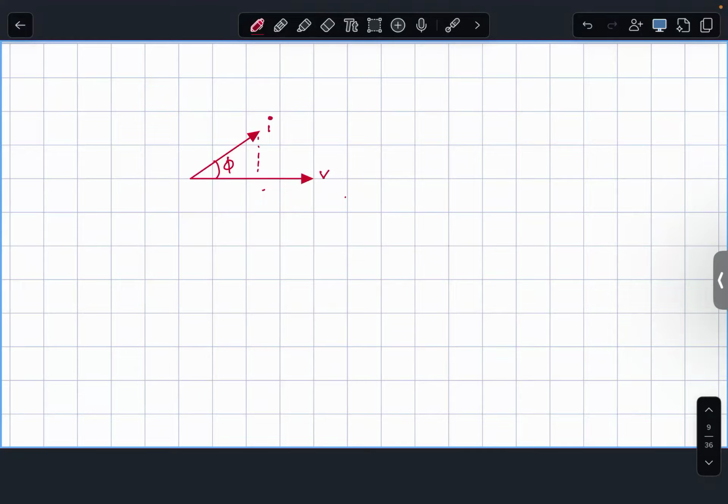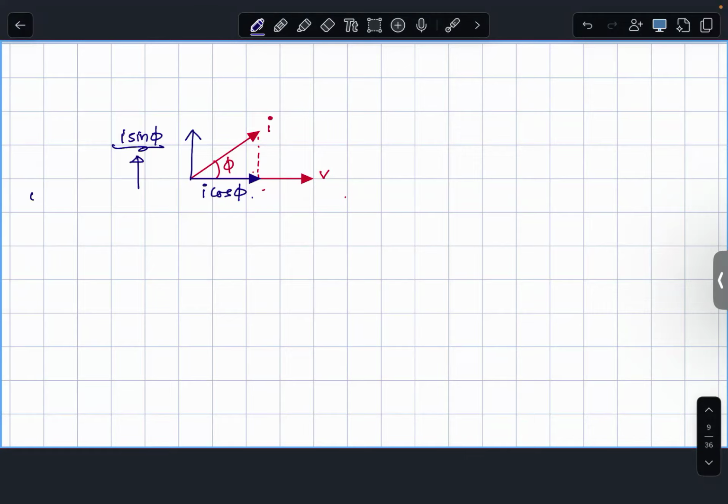Remember, when you resolve this into components, this term I sin phi has a meaning.